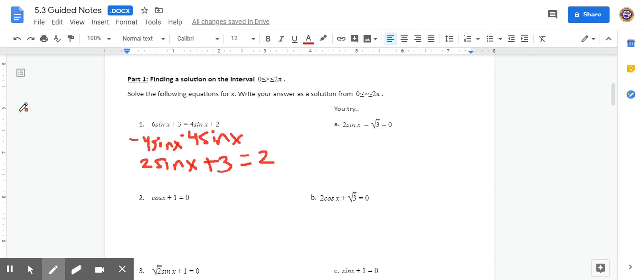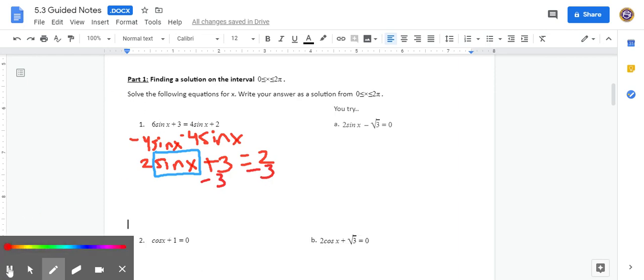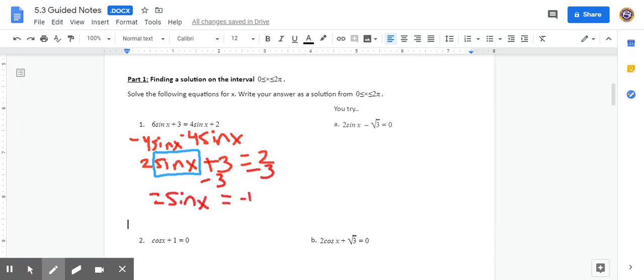Now I want to get my trig function alone on one side. First we're going to subtract the 3, so we're left with 2 sine x equals negative 1. Our last step is to divide by 2. So sine of x equals negative 1/2.